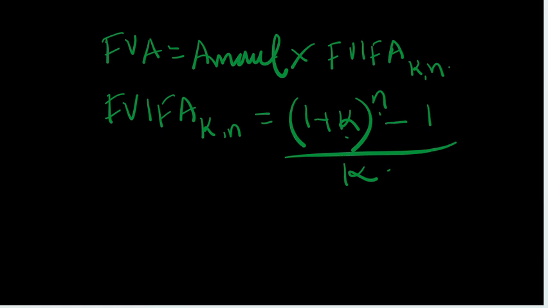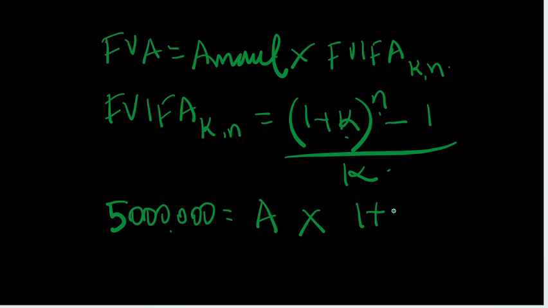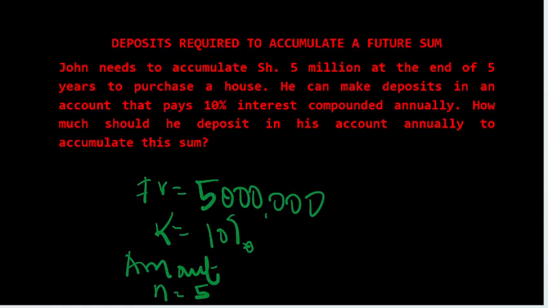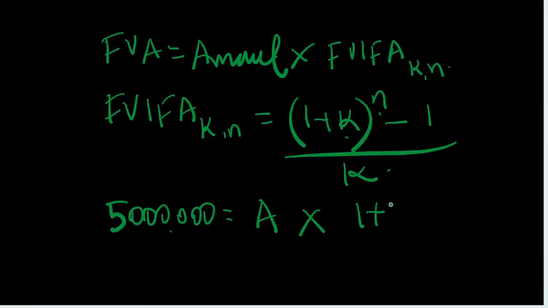So we are effectively saying here that 5 million, that is the amount that he wants to accumulate at the end of this period, is equal to the amount which we don't know. We multiply this by 1 plus K. The question tells us that the rate of interest is 10%. So 1 plus 0.1.